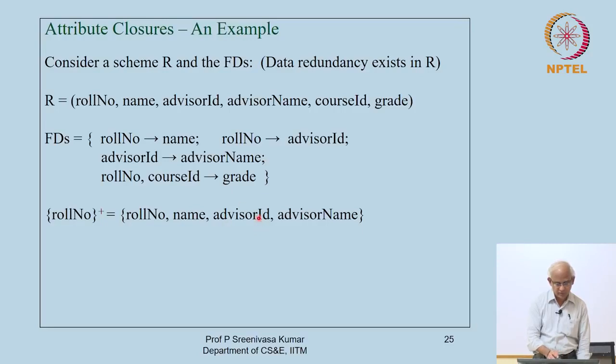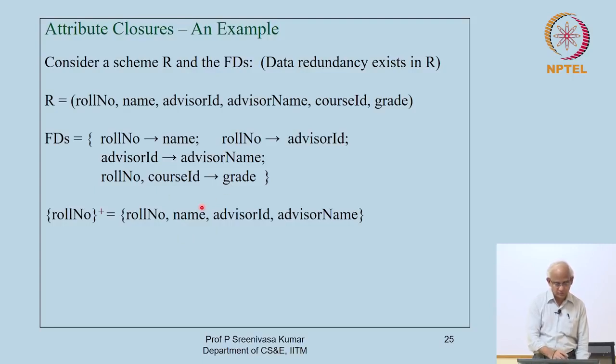And now that advisor ID has come, we will include advisor name, and it stops there. You can see that since course ID is not there, you cannot use this FD and get grade into this set. So, roll number in particular is not a key for this scheme.